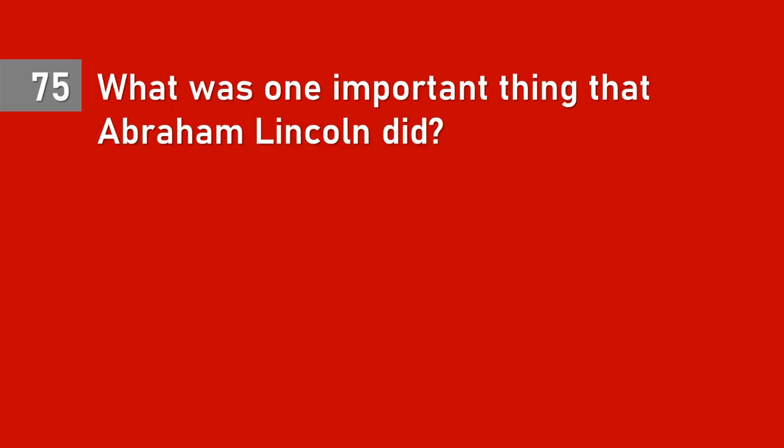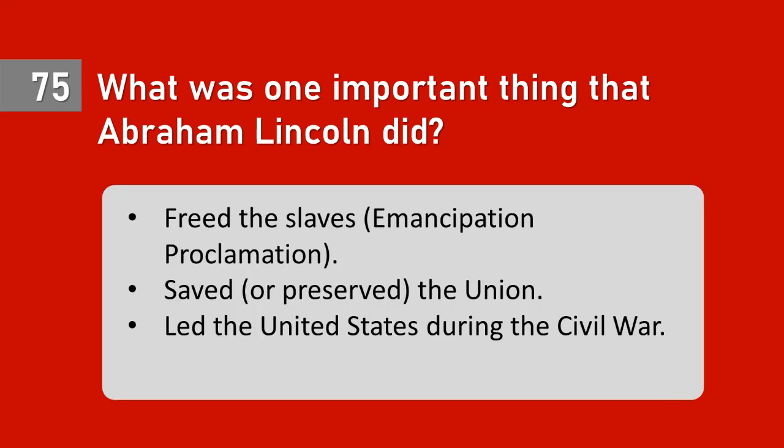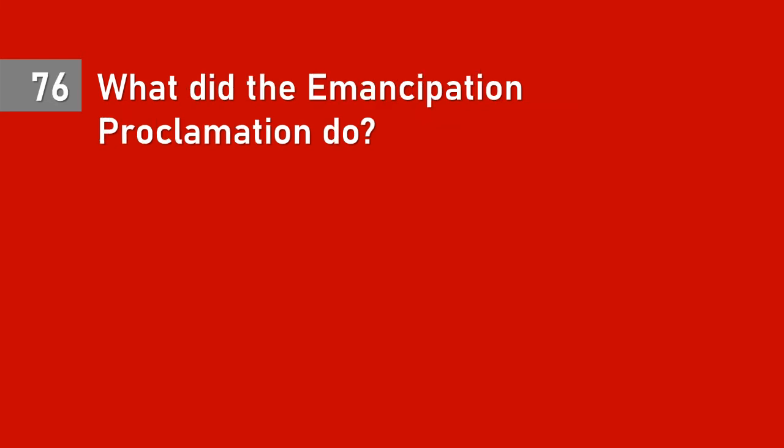Question 75. What was one important thing that Abraham Lincoln did? Freed the slaves, Emancipation Proclamation. Saved or preserved the Union. Led the United States during the Civil War. Question 76. What did the Emancipation Proclamation do?